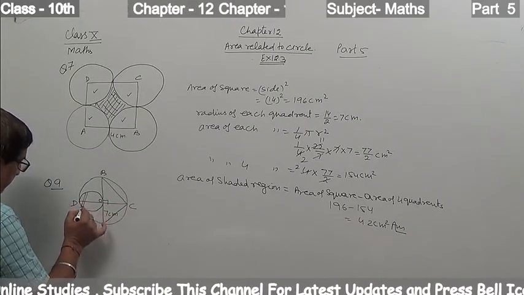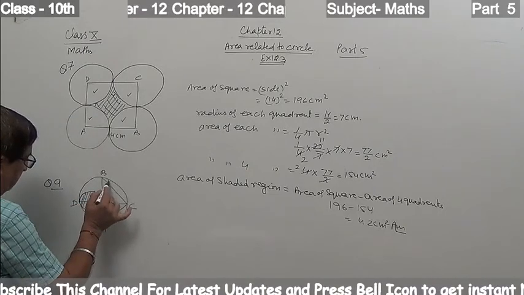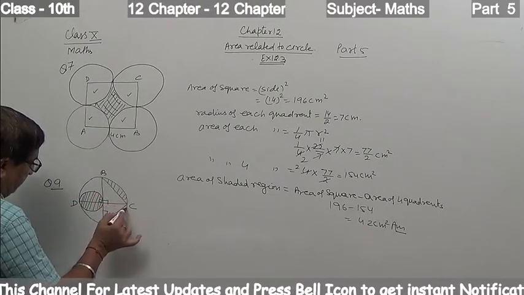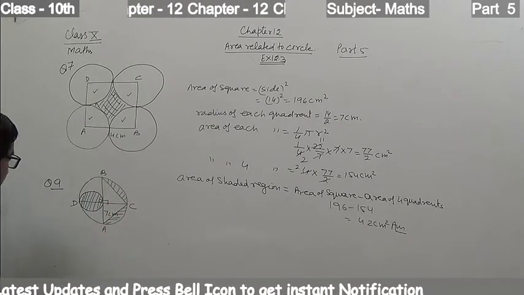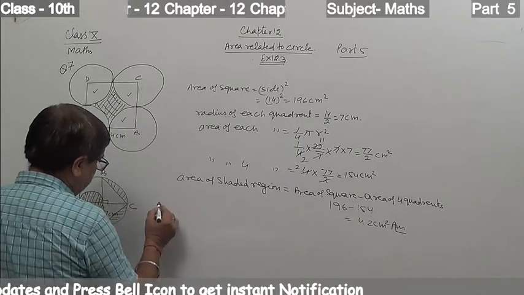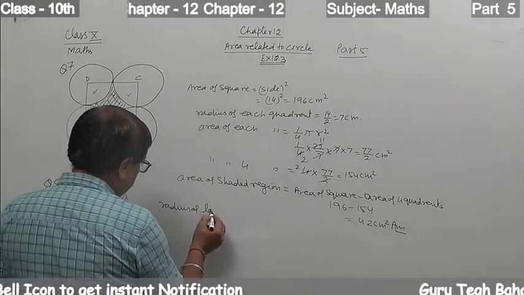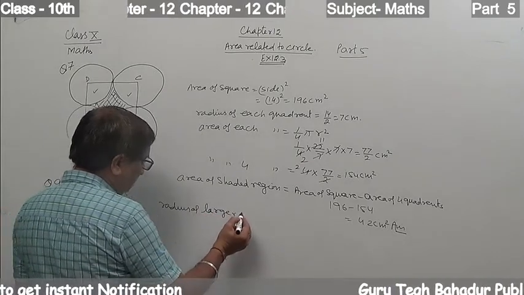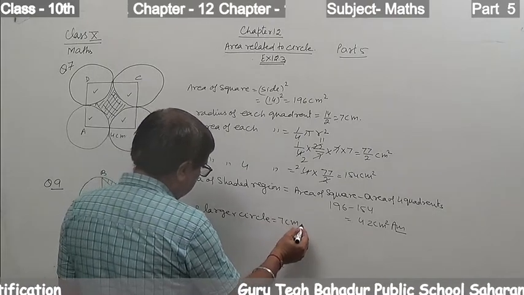So this is the shaded part, and also this is the shaded part. So radius of the larger circle is 7 centimeter.